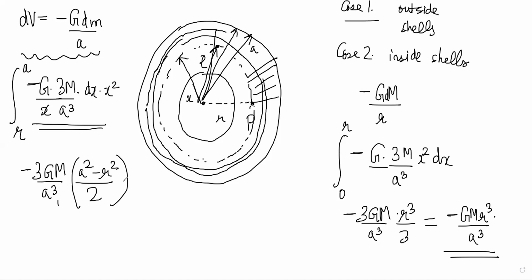Inner part is correct. Inner part potential. Actually, V1 plus V2. So it should have been R square, but we're getting R cube.